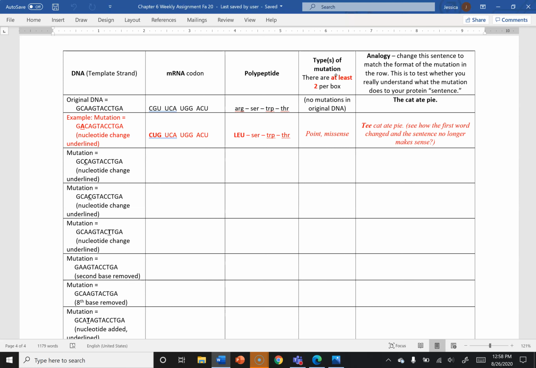So with the original DNA sequence, you are going to use that sequence to convert it into messenger RNA. Remember, complementary and incorporating those U's instead of T's. Then you are going to use that mRNA to produce your polypeptide using one of the codon charts. And then you're going to fill in, if there are any mutations present, what those types of mutations are.